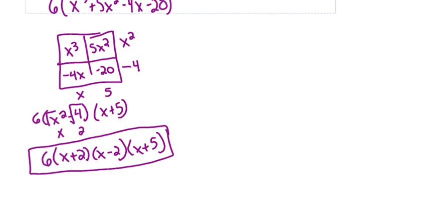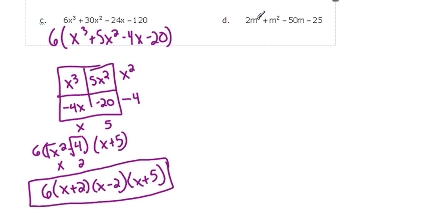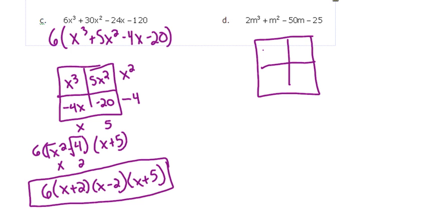So if we look at example D, this has 4 terms and there's no GCF. So I just go straight to the box. I have 2m cubed, m squared, negative 50m, and negative 25. Horizontally, I can take out an m squared.